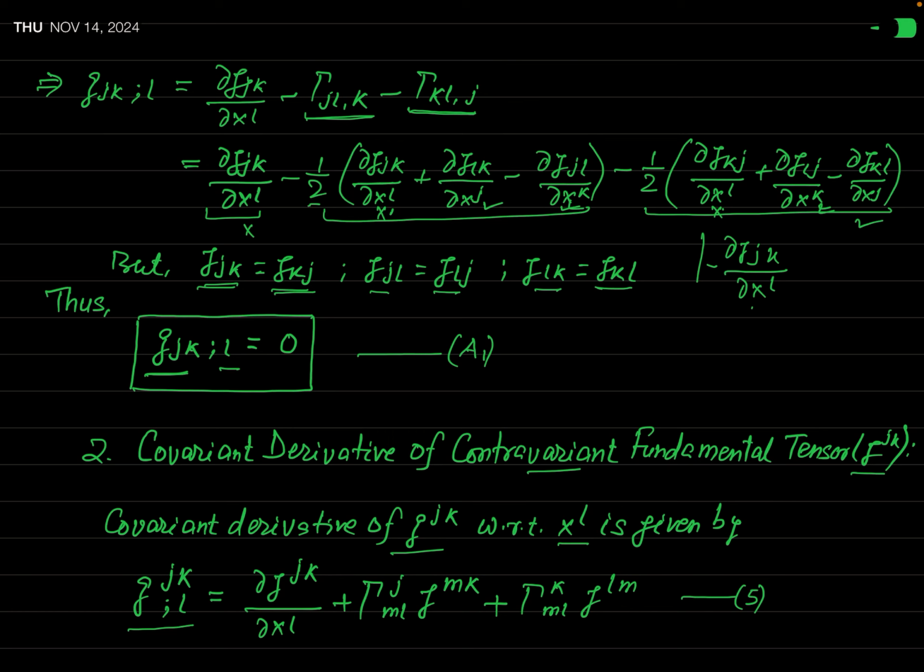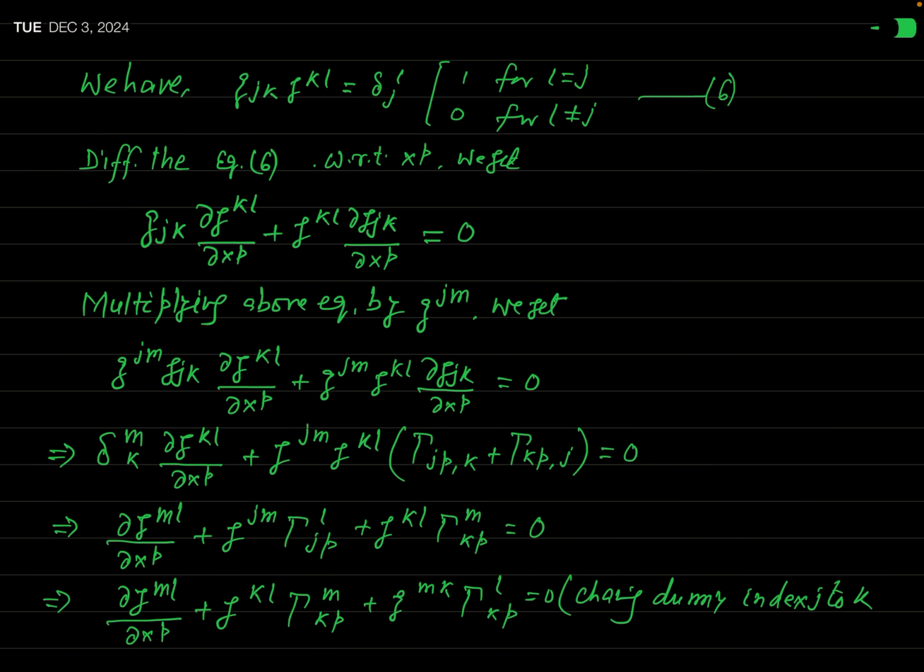And on the basis of our previous result, this can be written as del G jk by del xl plus gamma jml times gmk plus gamma kml glm. Again, we will apply the idea of the Christoffel symbol here.